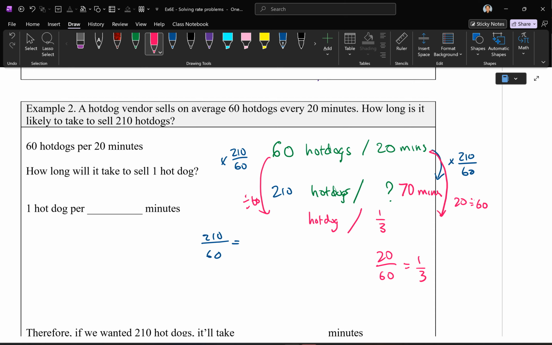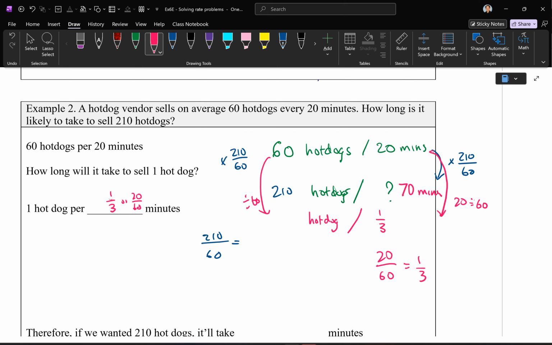This is 1/3, but even if you didn't know it was 1/3, you could have left it as 20 over 60. Nothing wrong. So you can say it takes 1/3 of a minute, or you could have written 20 over 60 minutes. That's okay. Nothing wrong. Now what's your goal? Your goal is you've got the price of how long it takes for one hot dog. How do you go from 1 to 210?